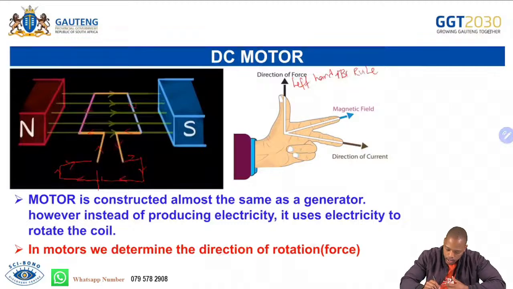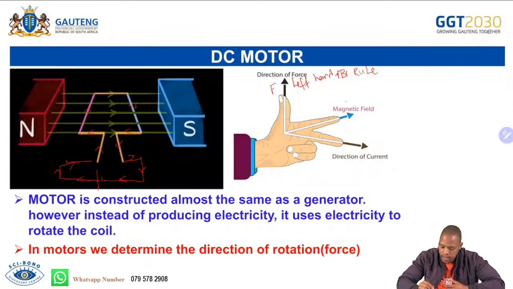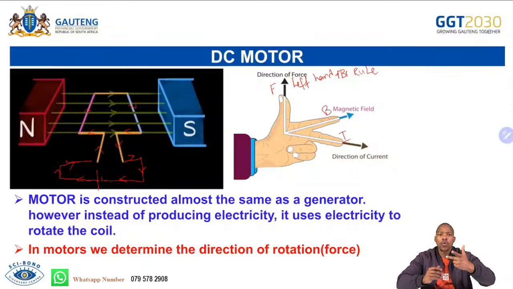We are talking the force represented as F, direction of magnetic field represented as B, direction of the current represented as I. So this time around, we are using the left hand. We make sure that all these fingers are perpendicular to each other, and as we hold them, we are looking for the direction of the motion. So we are always going to be given these two. So we'll always know the direction of the magnetic field.